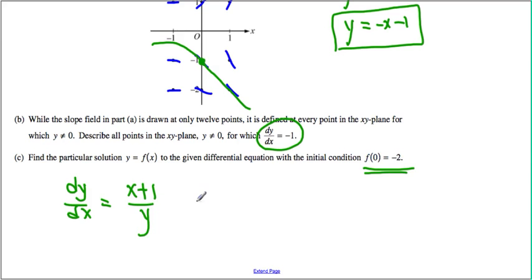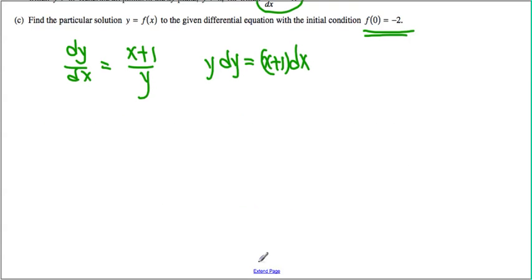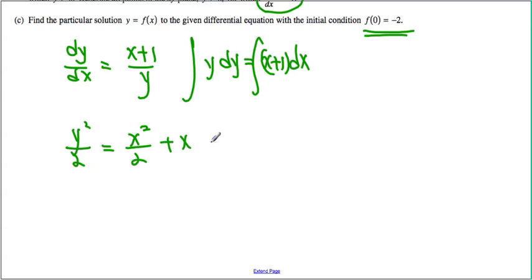And by cross multiplication, we have y dy will be equal to (x plus 1) dx. Then, once you take the integral of both sides, we end up getting y squared over 2 equals x squared over 2 plus x plus c. That's what we end up getting.